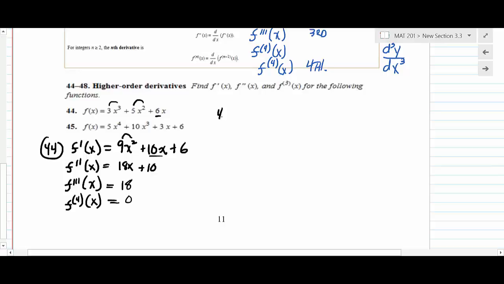I'll let you guys do 45, and you can do these in your head. Just do the first 3. You don't have to go further than that.